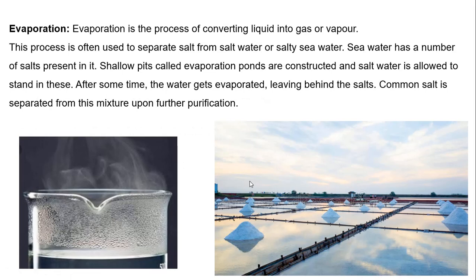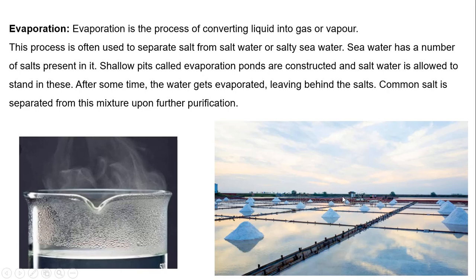Next is evaporation. Evaporation is the process of converting liquid into gas or vapor. This process is generally used to separate salt from salty seawater. So how is this done? They generally make some shallow pits and keep the seawater in these shallow pits.